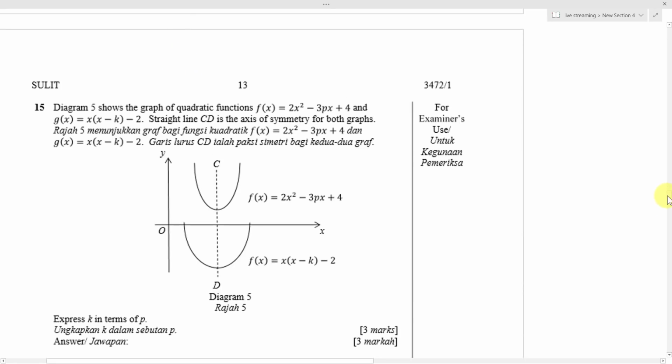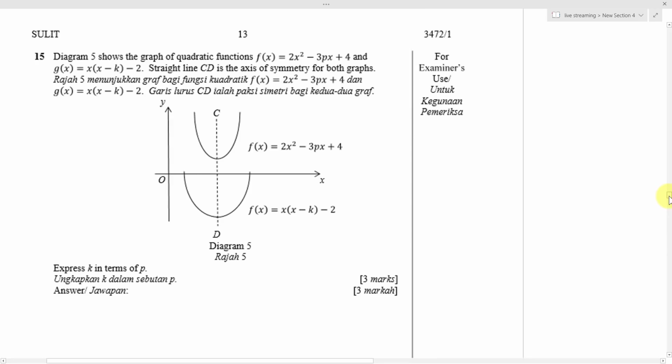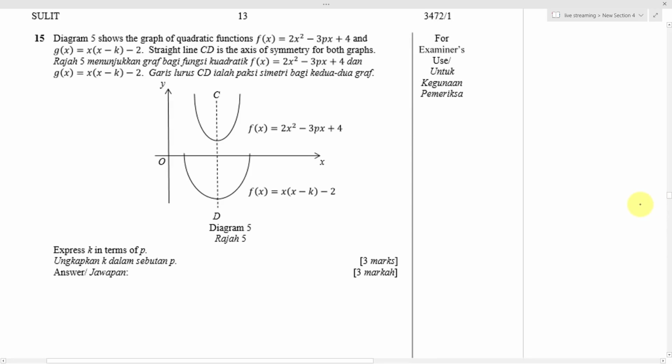Alright, 15. Alright, so for this question, the diagram 5 actually shows the quadratic function f(x) equals 2x squared minus 3px plus 4. And g(x) is another equation. Straight line CD is the axis of symmetry for both graphs.